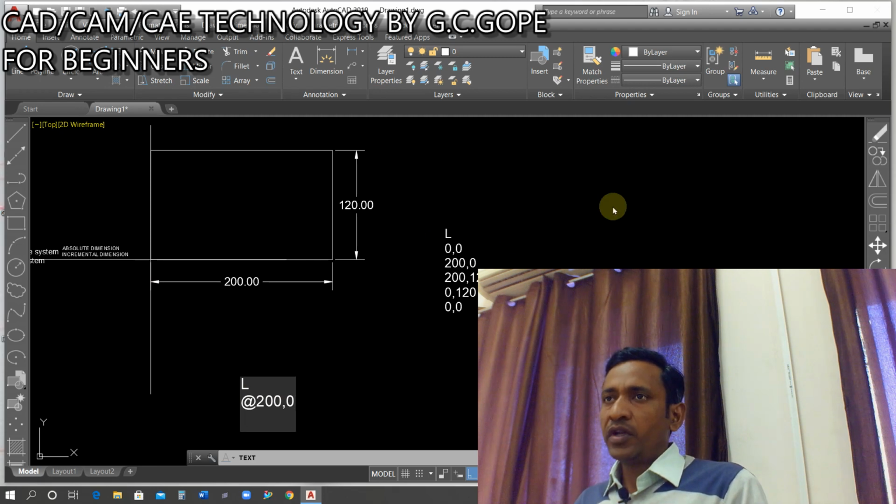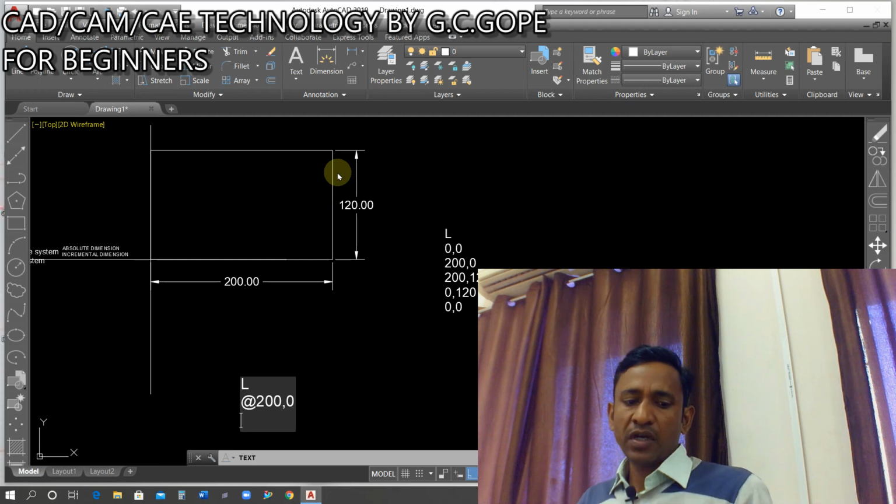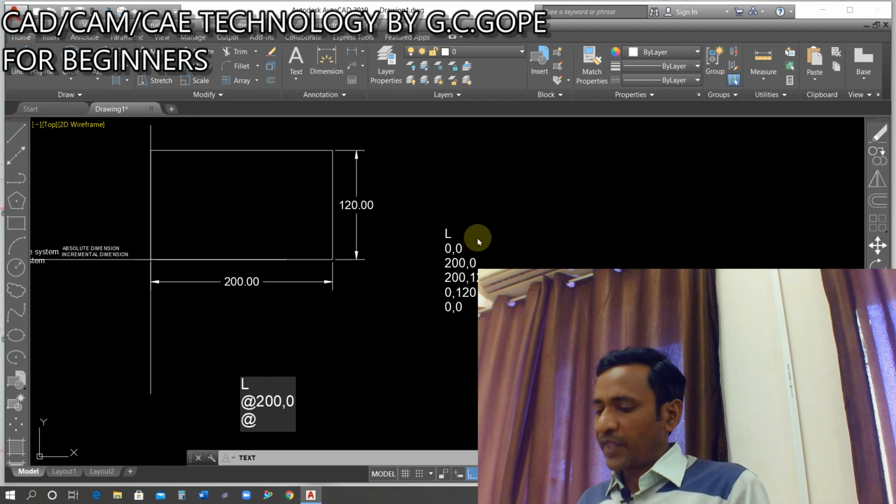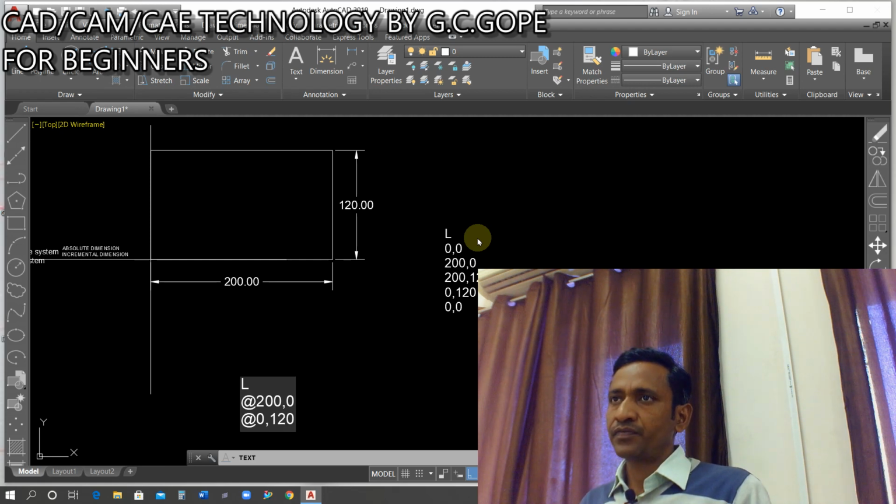For this vertex, the previous one is this one. From here we consider how much in x direction and how much in y direction. Again we use shift plus 2, at the rate. Now x will be 0 comma y will be 120. Now again press enter.